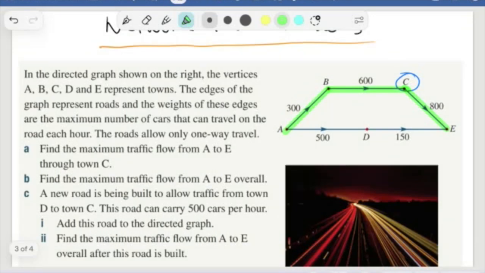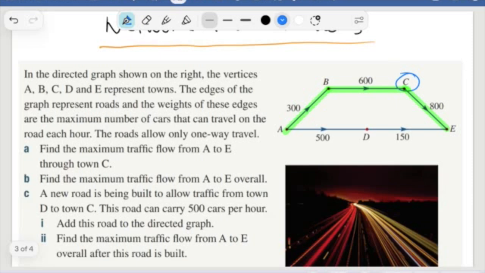So we have to look at this particular route from here to here. So this is going to be the path A, B, C, E. Now, it's saying find the maximum traffic flow. Now, you can see here right at the start, we can only fit 300 cars per hour. Next one, 600. Next one, 800. If we talk about the idea that we talked about before, then you'll see that we're limited in this network by the smallest weighted edge.